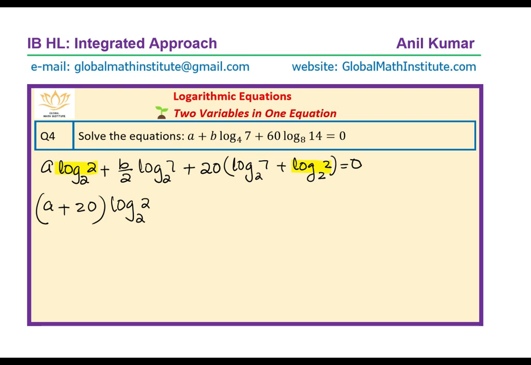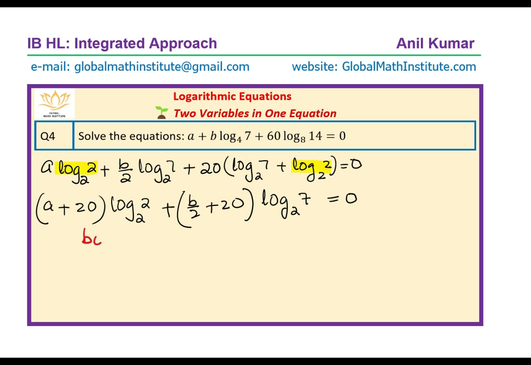Plus, on this side we have the remaining terms: b by 2 plus 20 times log to the base 2 of 7. And that should be equal to 0. It basically means this equation will be equal to 0 if both the terms are 0.